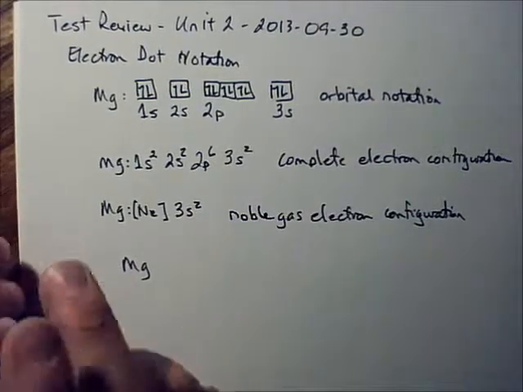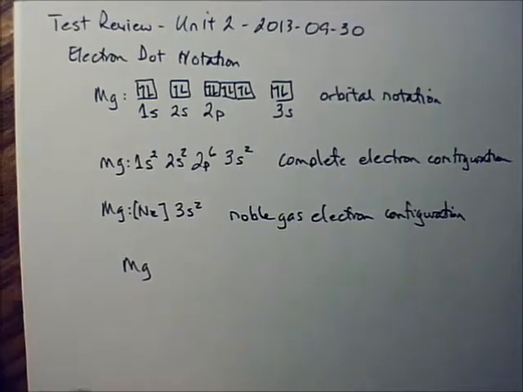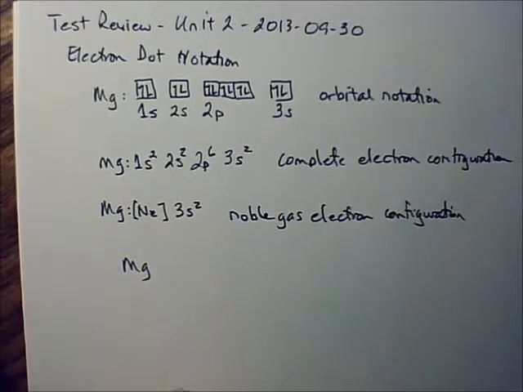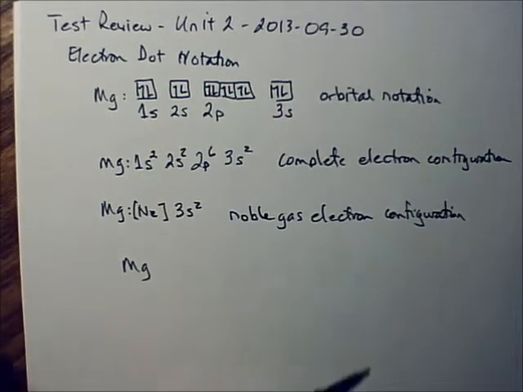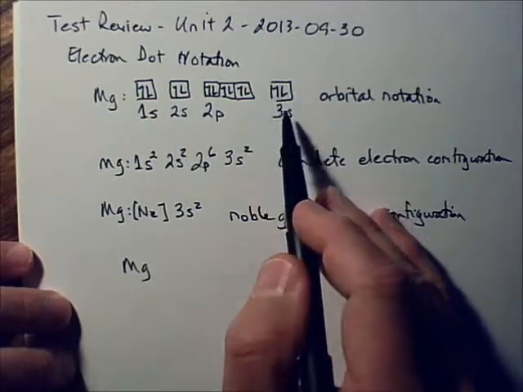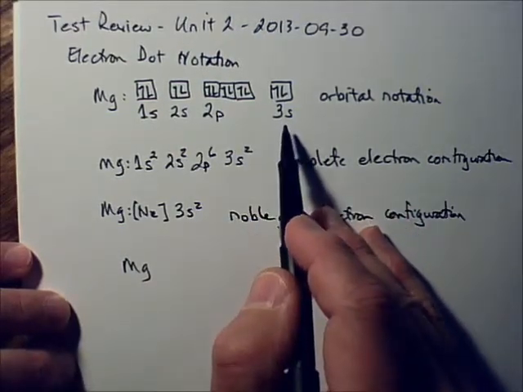So the valence level is the level highest in energy, or the highest primary energy level. And all the electrons in that highest energy level are valence electrons. Okay? So for magnesium, we only have 2 electrons in the highest level.